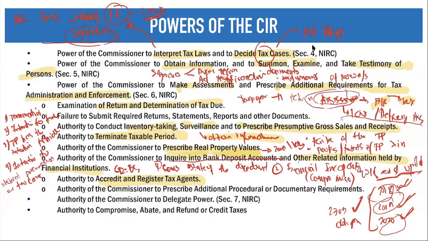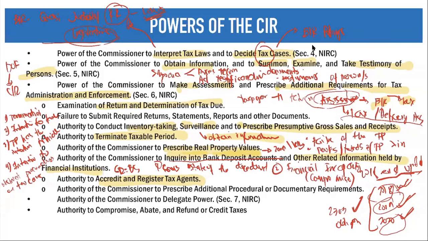You can appeal the decision of the CIR to the Department of Finance because, as you can see in the hierarchy, we have here your CIR, and then higher up than your CIR is your Secretary of Finance under the Department of Finance.